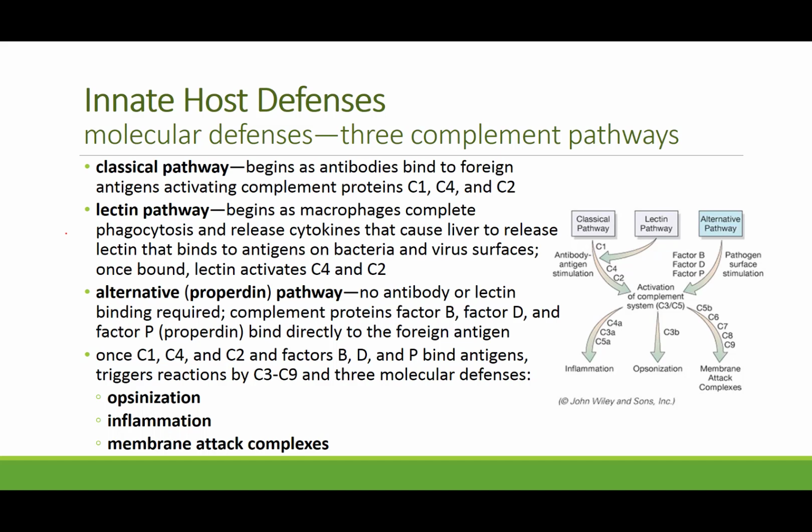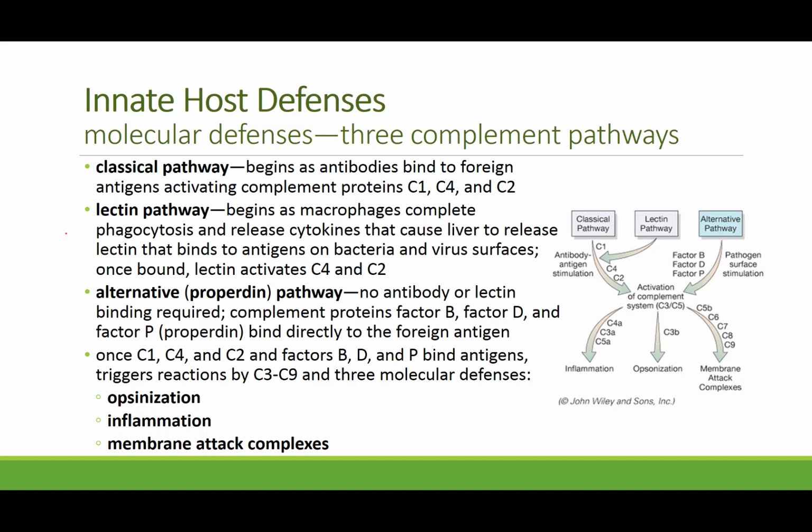effects that we see. There's a second pathway called the lectin pathway, and so this time it's macrophages that, as they do phagocytosis, release cytokines, and this causes the liver to release a molecule called lectin.